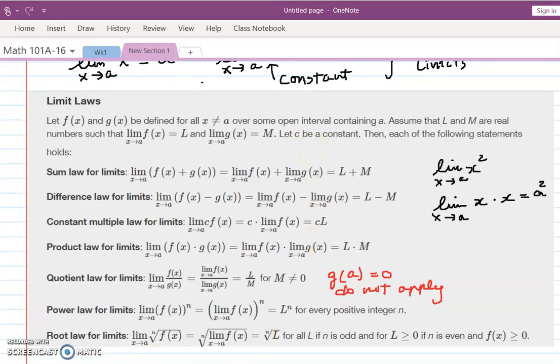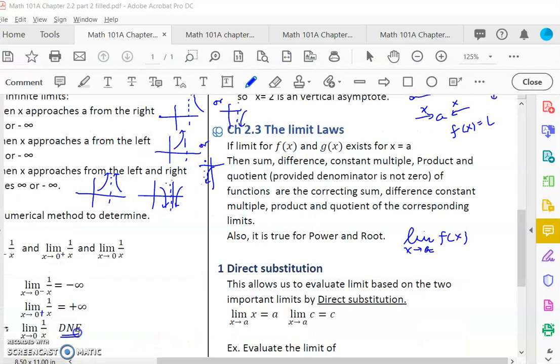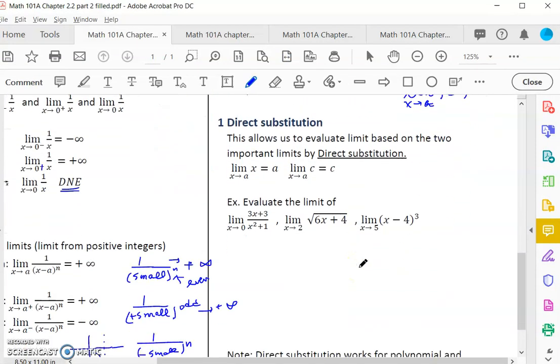That indirectly means, let me go back to the notes, that when we want to evaluate a limit of a function like 3x plus 3 over x squared plus 1, we can treat these as 3 times the limit as x approaches a of x, and plug in a to x.